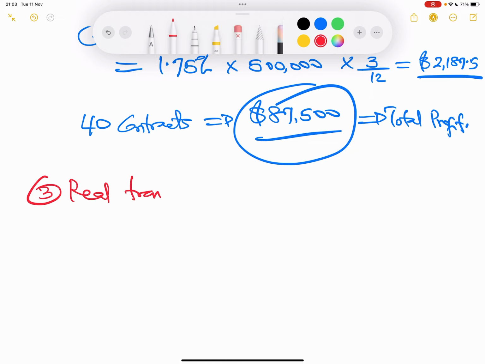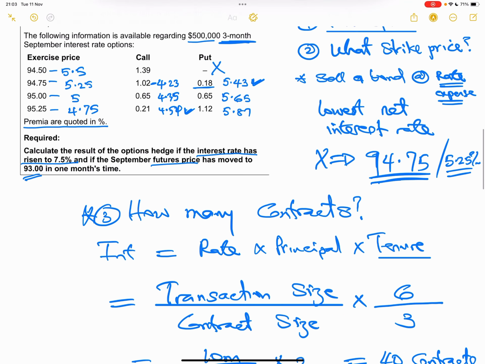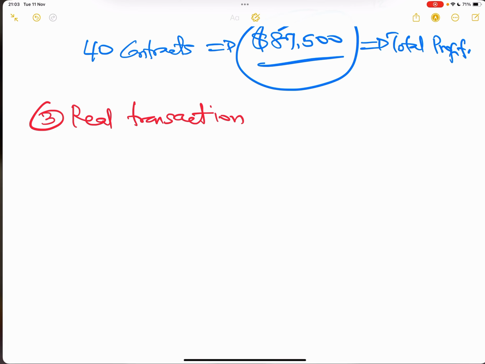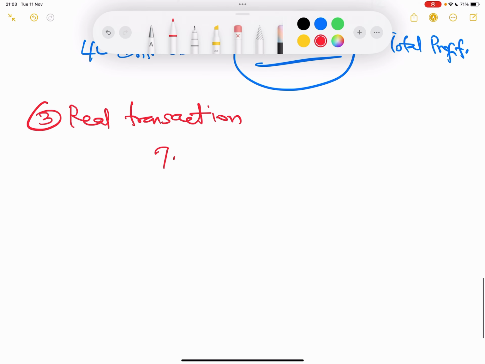And the real transaction will happen at the spot market rate, which they've already told us is, I think, 7.5%. Yeah. So the 10 million will actually be at 7.5% in reality. But remember that the rate transaction has a tenor of 6 months. Yeah, convert it to years.